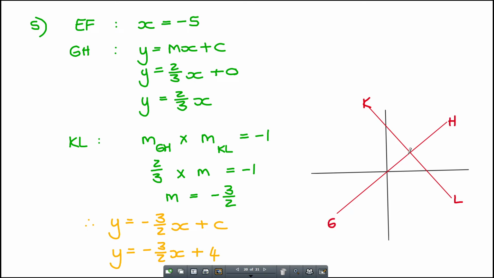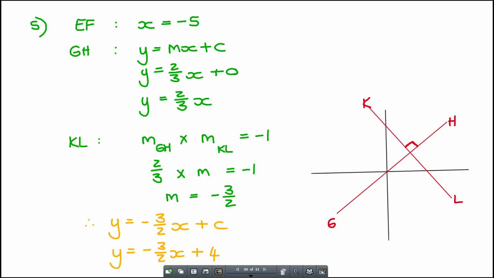Okay, maar hulle sê vir my dat daai tweeetjies sny mekaar met 'n 90 grade hoek. Nee? En as gevolg daarvan kan ek sê dat die gradiënt van KL maal die gradiënt van GH moet vir my gee minus 1. Nee, dis mos 'n reël. Okay, so kom ons gaan stel gou in.